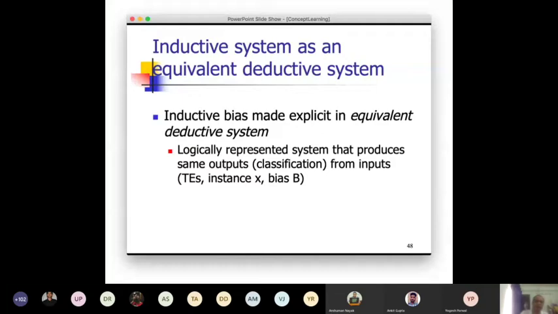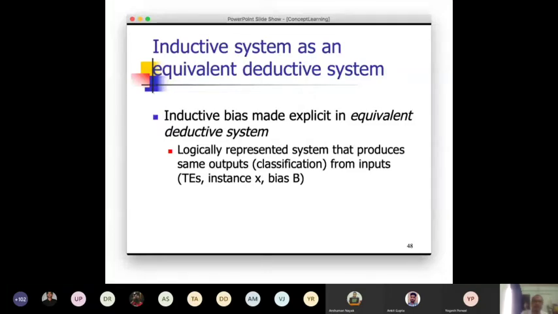So if I consider inductive bias, I can represent this bias as facts and put them into the framework of your argument. Then all the training examples, instances, and bias: training examples means basically there will be instances and there will be labels.